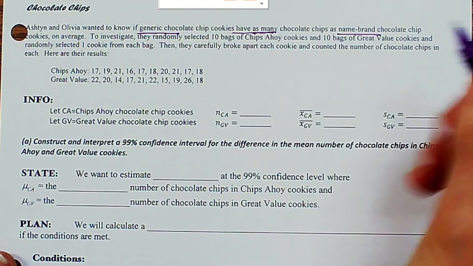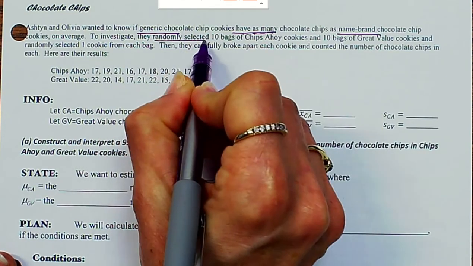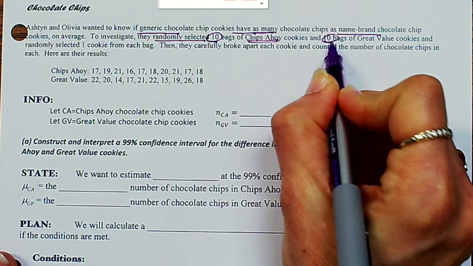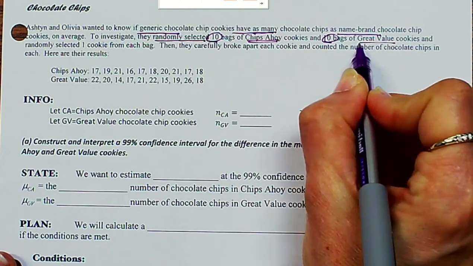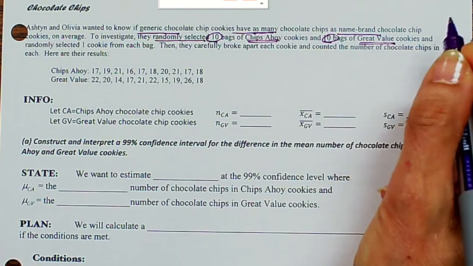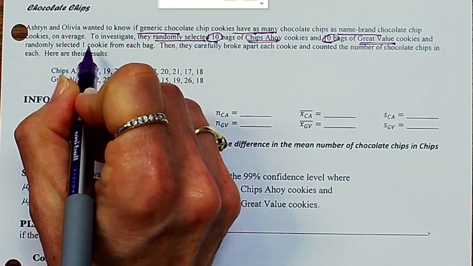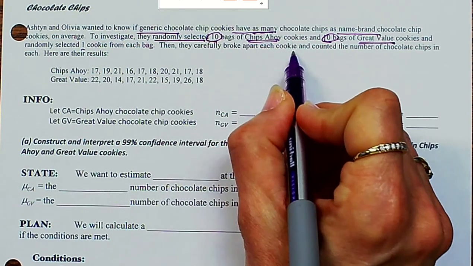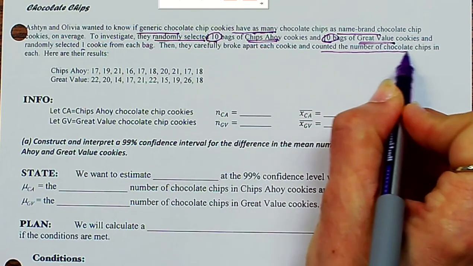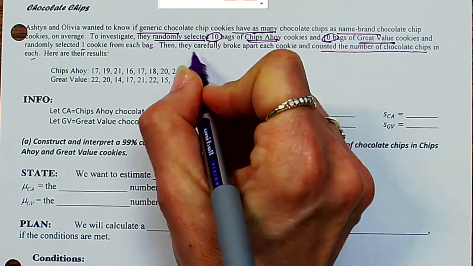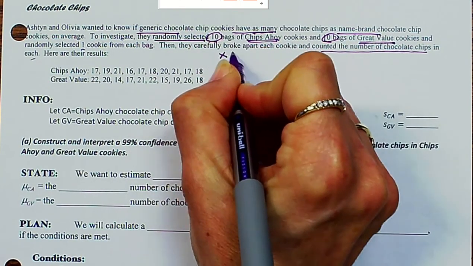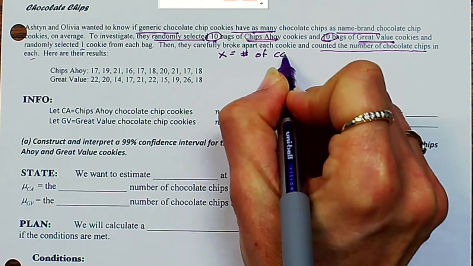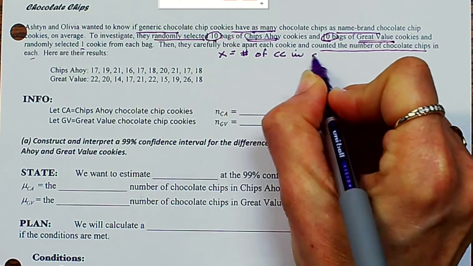To investigate, they randomly selected 10 bags of Chips Ahoy cookies and 10 bags of Great Value cookies, which you get from Walmart, by the way, and randomly selected one cookie from each bag, and then carefully broke apart each cookie and counted the number of chocolate chips in each. So my variable X is the count of chocolate chips in a cookie.